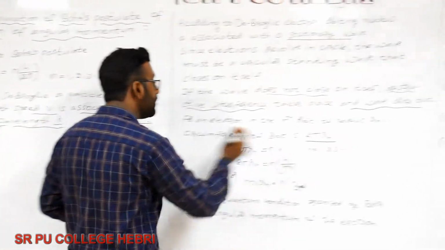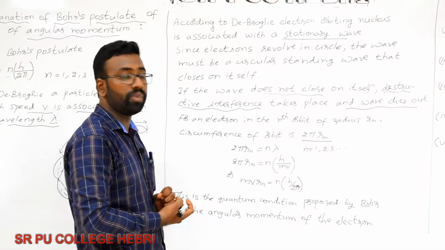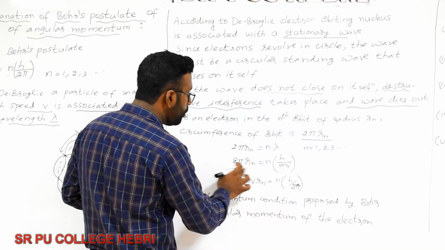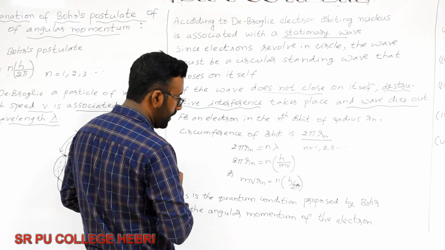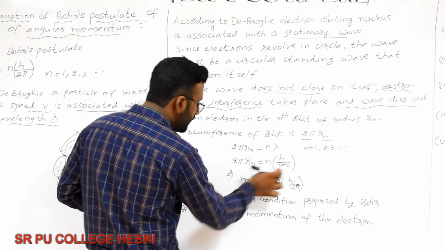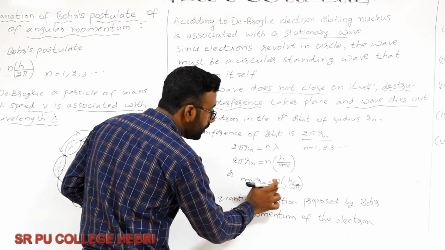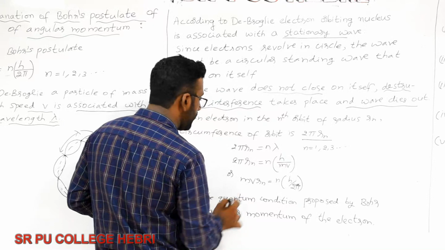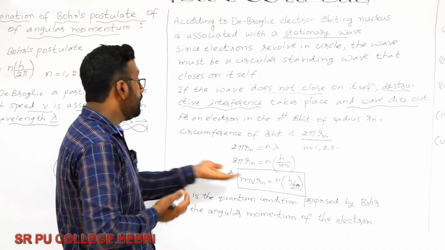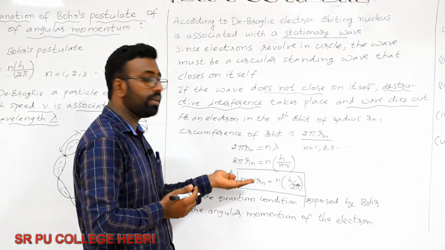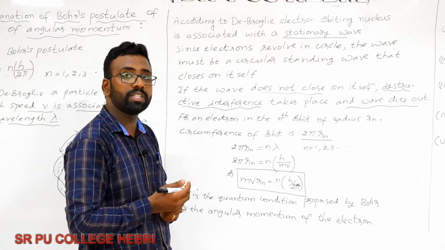Now what is lambda according to de Broglie? We have already seen it is h divided by mv. We substitute it here: 2 pi Rn is equal to n into h divided by mv. Taking the terms to this side, you can write m v rn equal to n h divided by 2 pi. Have you seen this equation anyway? This is the equation given by Niels Bohr: mvr is equal to an integral multiple of h by 2 pi.